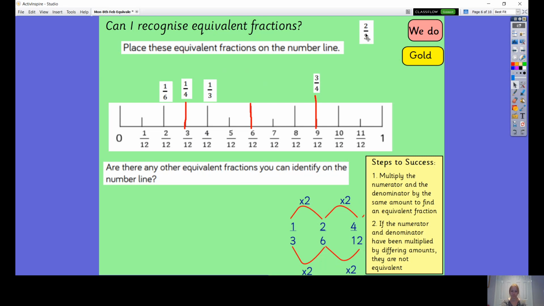Now then, this one here is double. So the top number is double. Because that's a 4 and I want double that amount, I'm going to put it over here.